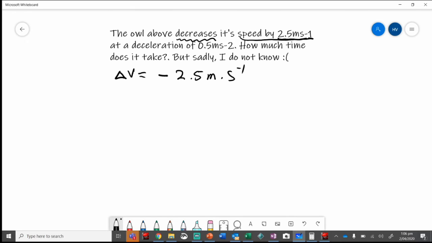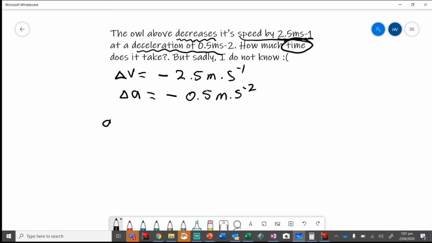They also gave us a deceleration, and we know deceleration is negative as well, so the acceleration is minus 0.5 meters per second squared. And they ask us time.